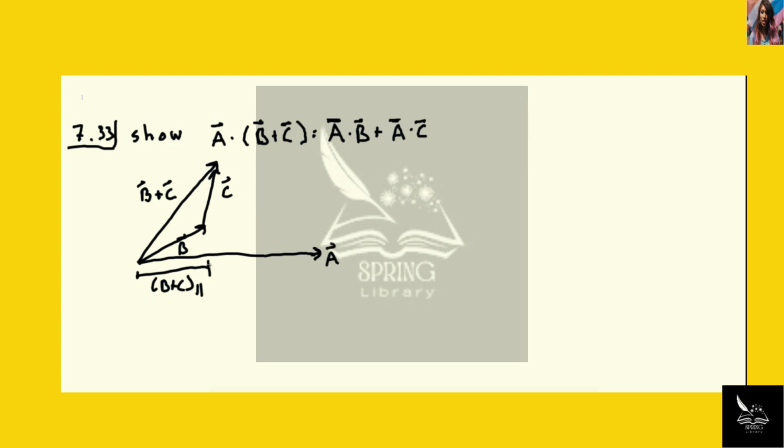This is the projection of B plus C onto A, and so this length times the length of A is the dot product between A and B plus C.